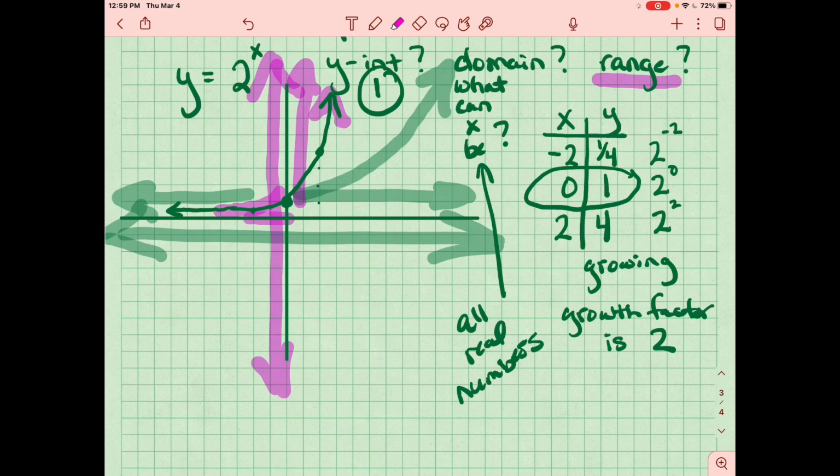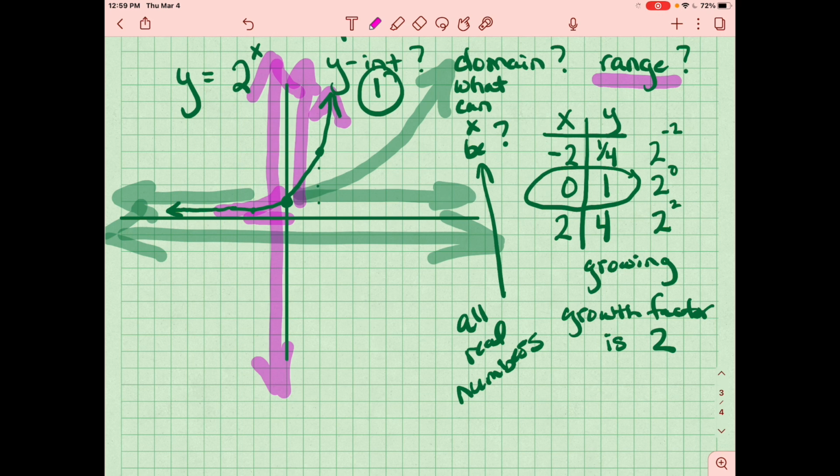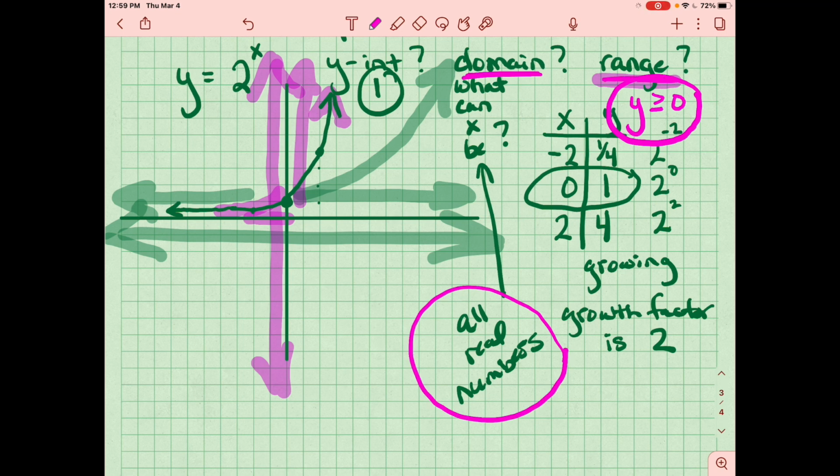So y has to be greater than 0. X was all real numbers for the domain. Range talks about y. Y has to be greater than 0, because this line never drops below. There's nothing down here.